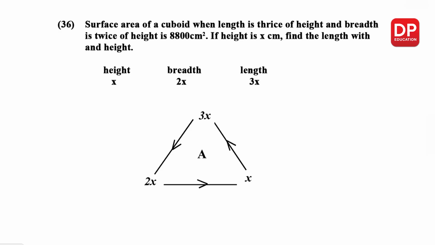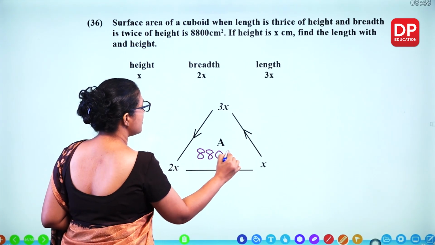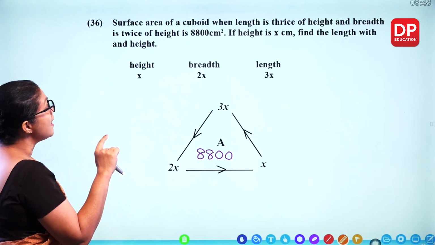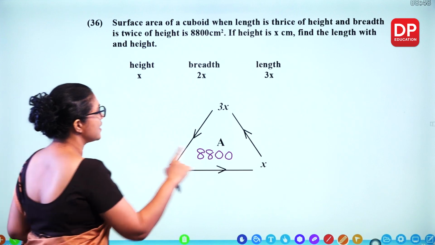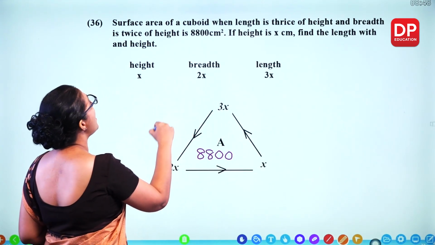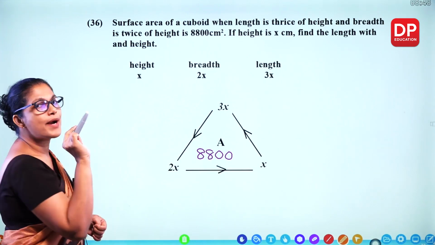Surface area of a cuboid when length is thrice of height and breadth is twice of height is 8,800 square centimeters. So 8,800 square centimeters is the surface area. The length is thrice of height. If height is x, this is 3x and this is 2x for breadth.